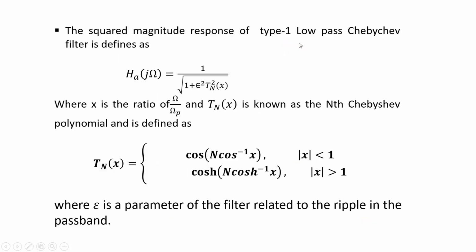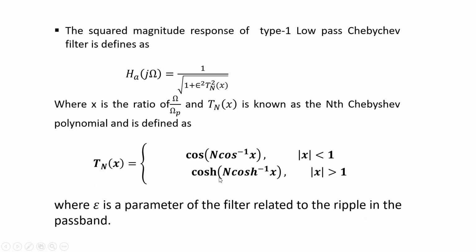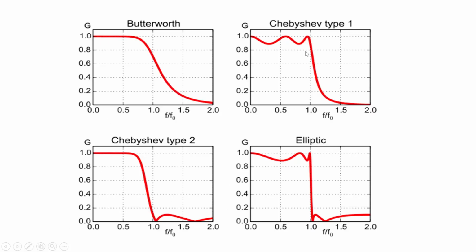All right. And for mod x greater than 1, that means beyond capital omega p, that means beyond this frequency, the function changes to cosh function. Now cosh function is a monotonic function, so the behavior away from capital omega p is monotonic.